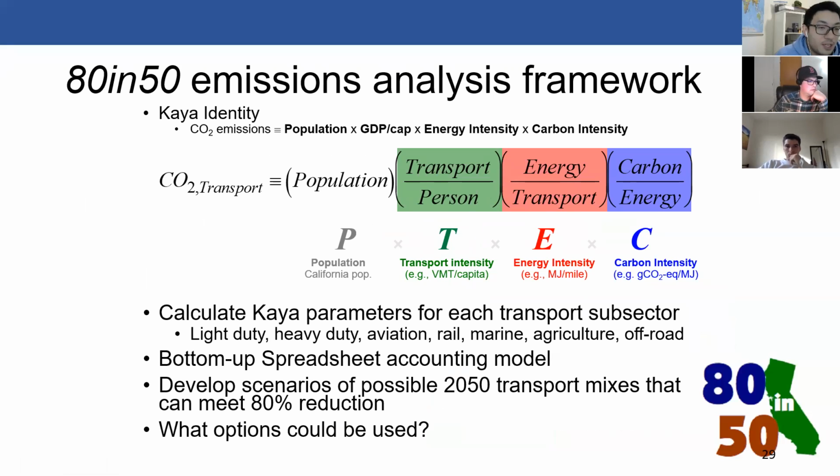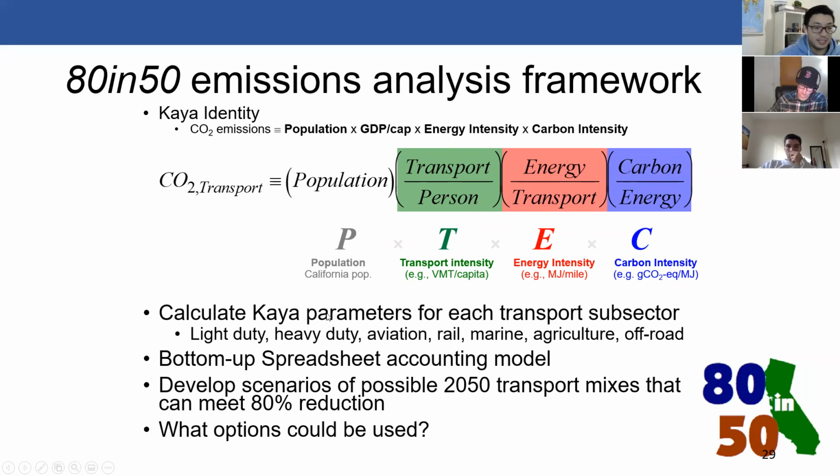The 80 and 50 emissions analysis framework is another decomposition method. This is using the Kaya identity, but with transportation sector specific items. So transport intensity instead of your GDP per capita, your energy intensity in terms of energy consumed per mile, and then carbon intensity associated with the fuel use for that transport.